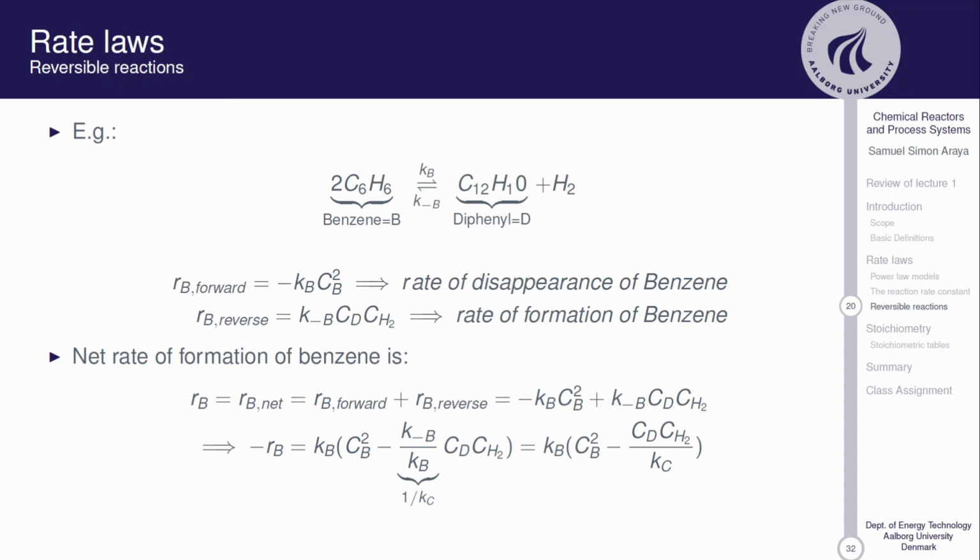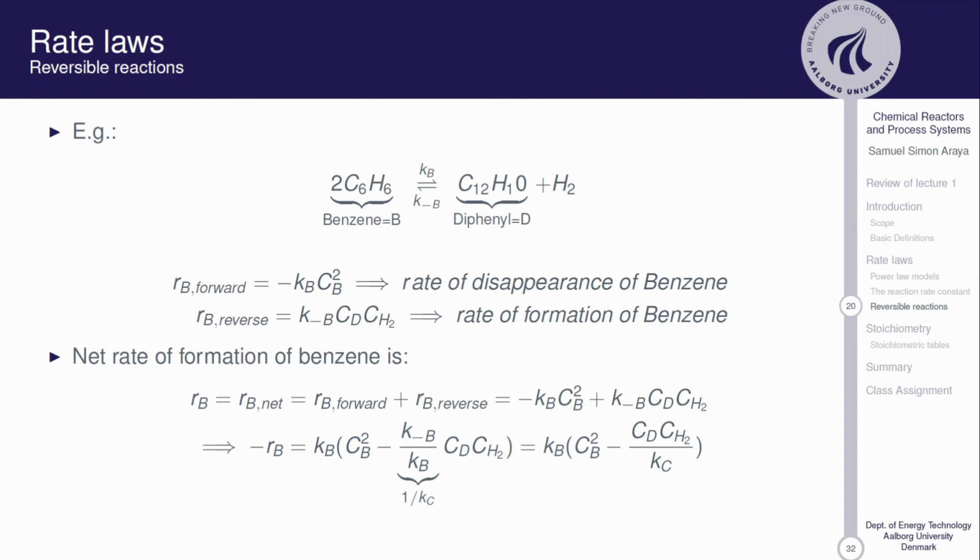Then we take out the minus from all, and for the reverse side we take out Kb. So we have Kb times, in the bracket, the concentration of B squared, minus K minus B times CD CH2, which is our reverse reaction rate, divided by Kb, which is what we took out.